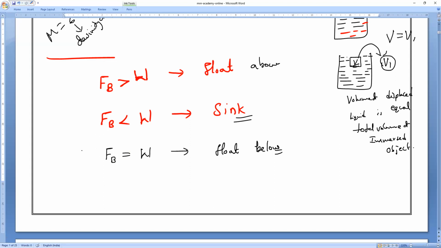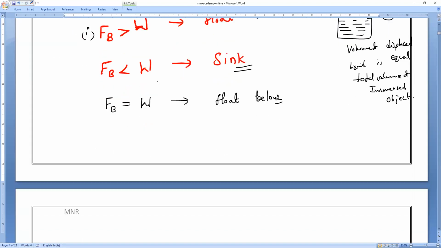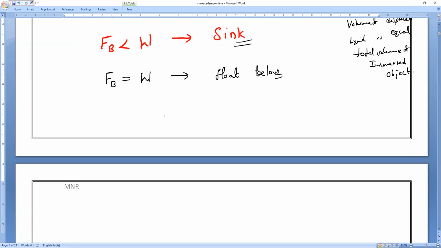So let me take the first case. This is case one: FB is greater than W. So FB is greater than W means the upthrust is greater than the weight of the object. Am I right or wrong?